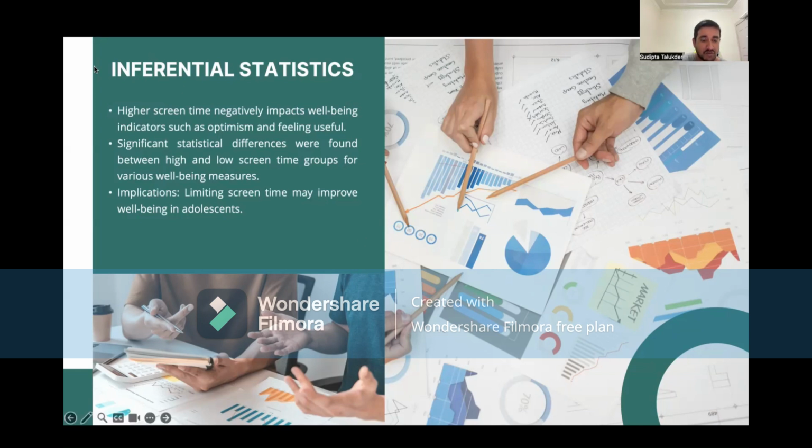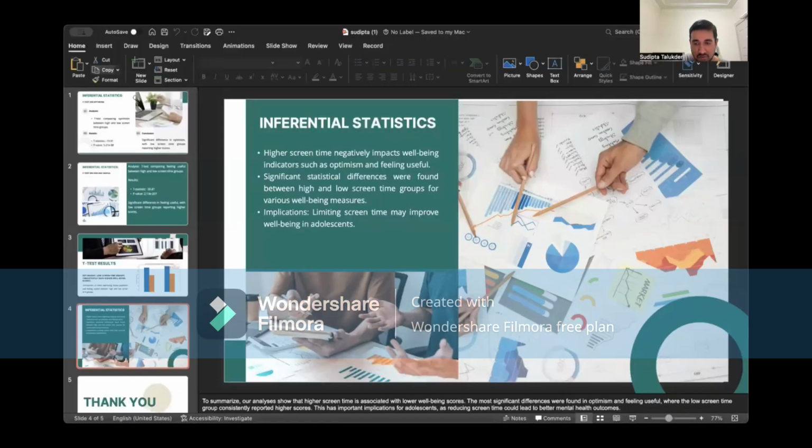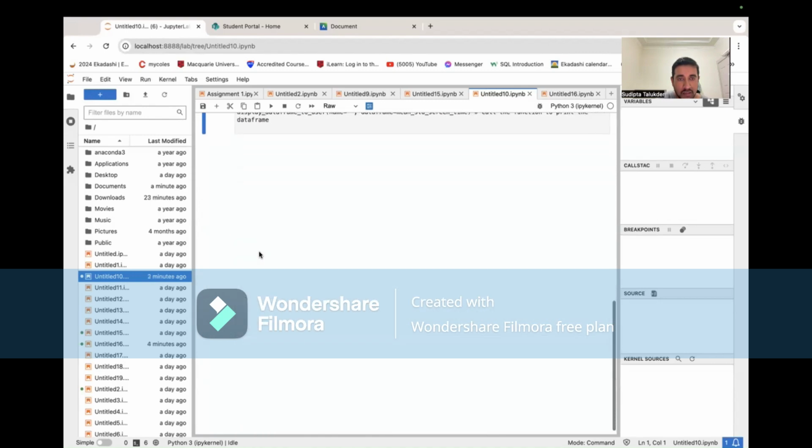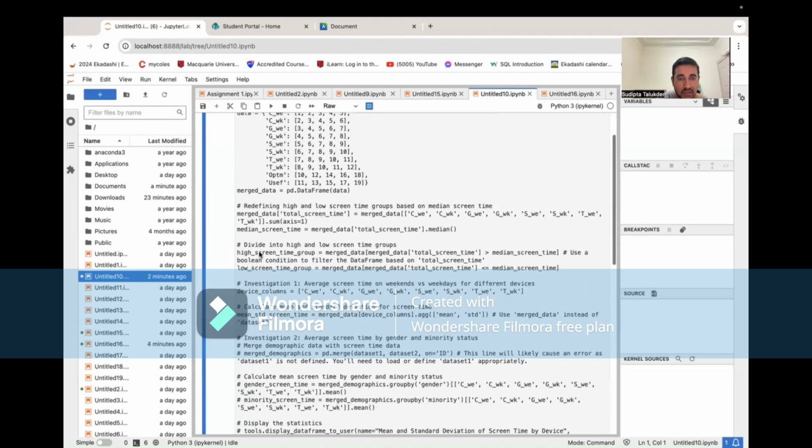Now I will show the code for my part. This is the part for identifying the mean and standard deviation.